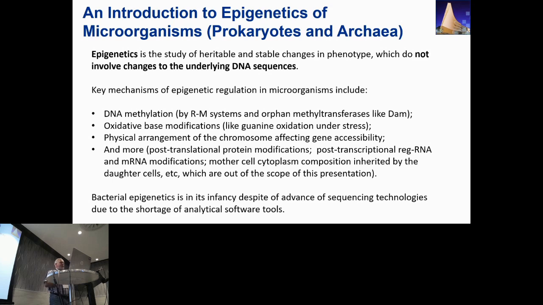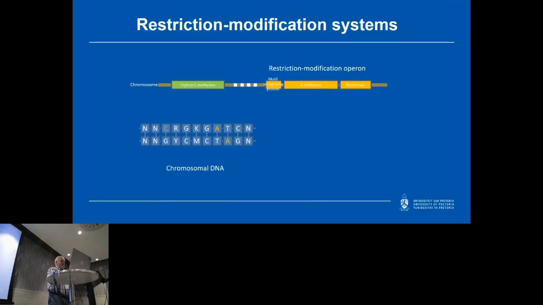It involves modifications of proteins and mRNA, regulatory RNA, and even inheritance of cytoplasm composition from mother cells to daughter cells. All of this is epigenetics. But now our program focuses on chemical modifications of nucleotides, like methylation.